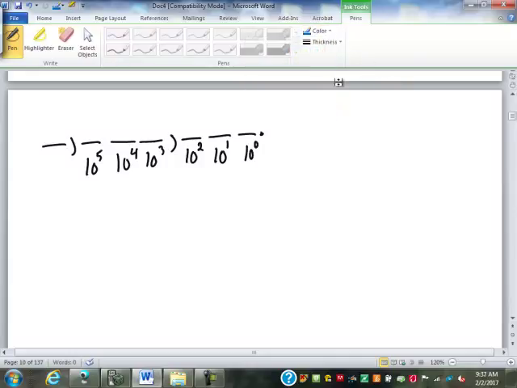When we wrote out a number in expanded form, like 572, we wrote it out as 5 100s and 7 10s and 2 1s.